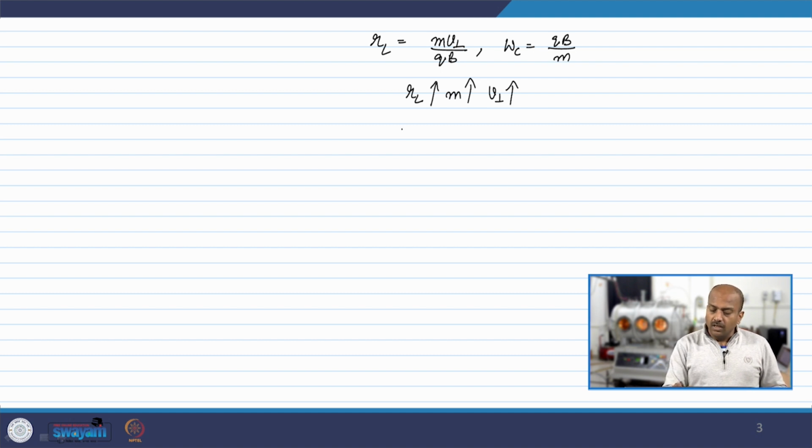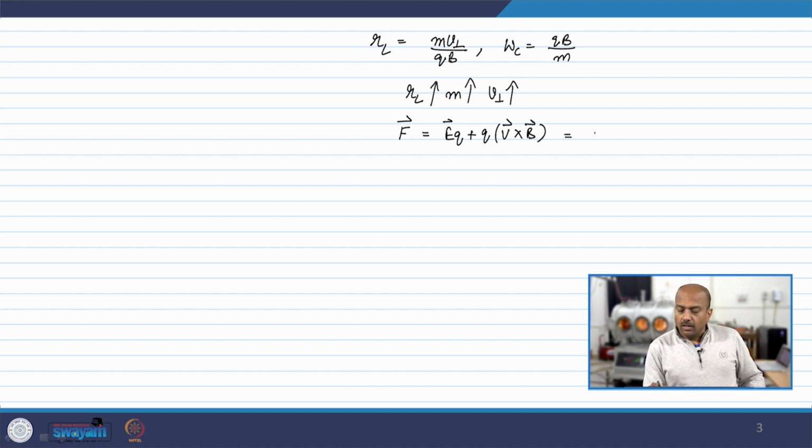Okay. So, let us say if we remember the Lorentz force equation, F is equal to EQ plus Q times V cross B, right, or we write it as Q times E plus V cross B, right.